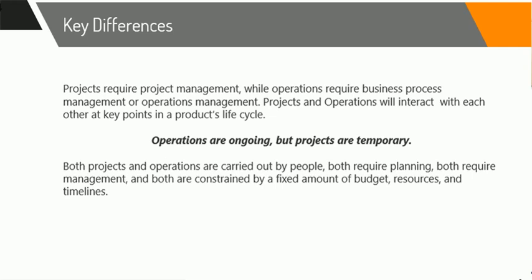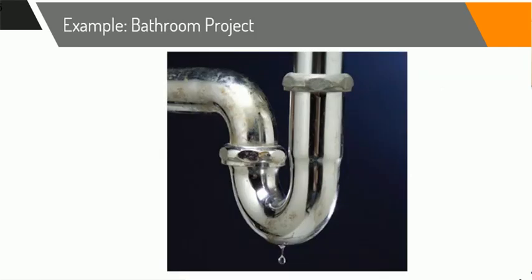I have a very simple example here. In a bathroom project, a plumber is called to fix a leaky bathroom pipe that leaks at about 20 to 30 points. One way is that the plumber repairs the leaky pipe at the different points by putting in material to solidify or weld it.